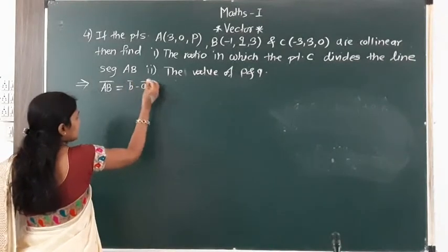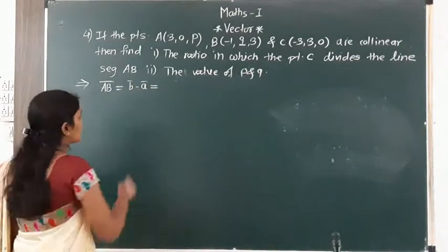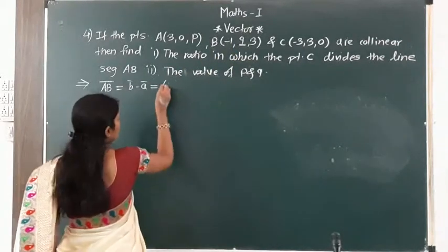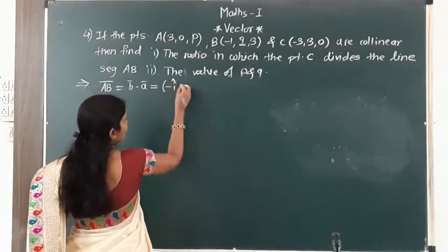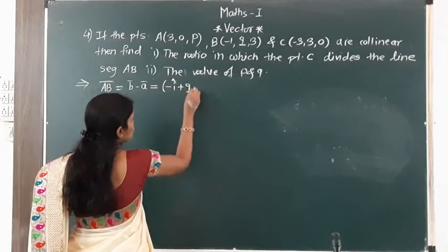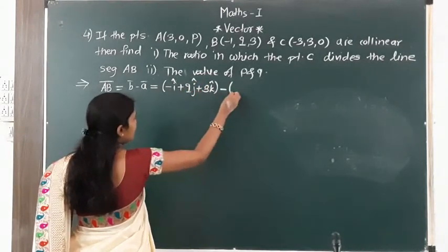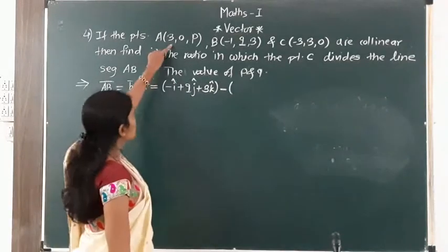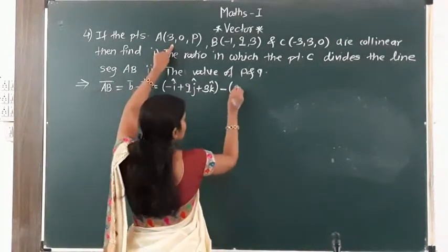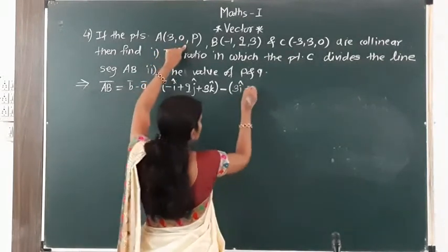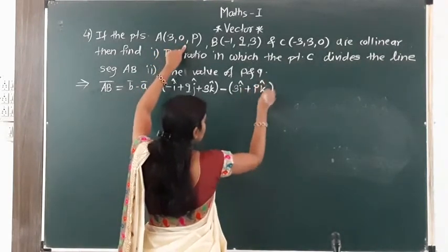B bar is the position vector of this point, which is minus i cap plus Q j cap plus 3k cap, minus A bar, the position vector of A, which is 3i cap plus 0j cap plus P k cap.